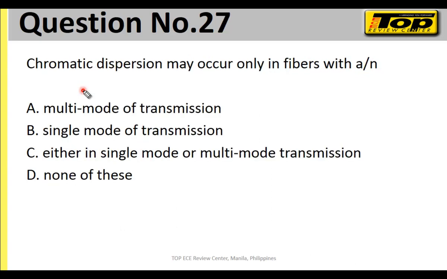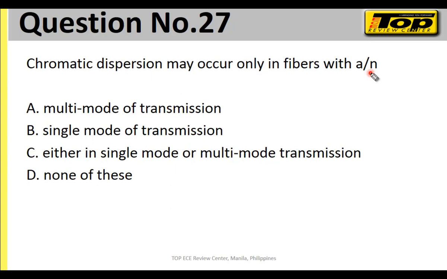Next number 27. Chromatic dispersion may occur only in fibers with A and blank. Kailan ba nagkakaroon ng chromatic dispersion? Ang chromatic dispersion is a problem of a light source. Ibig sabihin kapag ang light source mo ay hindi monochromatic, magkakaroon ka ng chromatic dispersion.